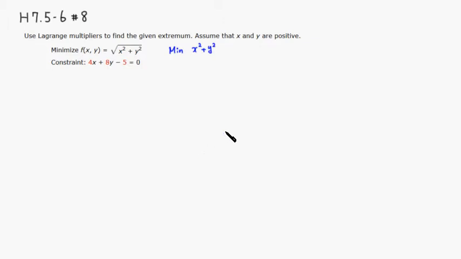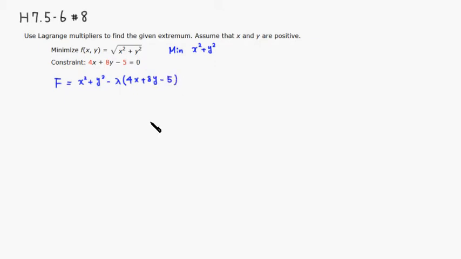So let's construct capital F, which is going to be x squared minus y squared minus lambda times 4x plus 8y minus 5.